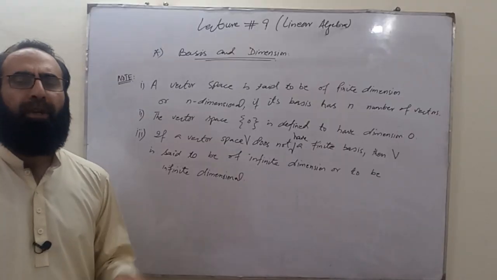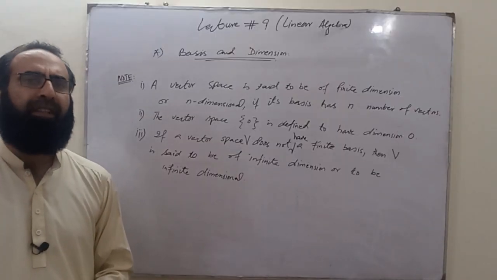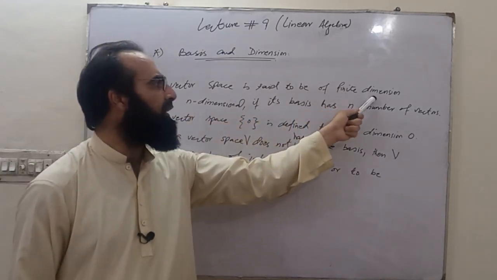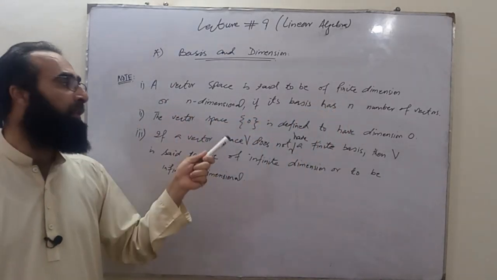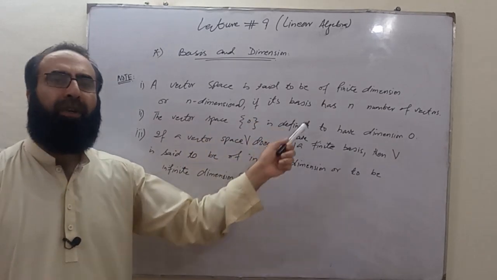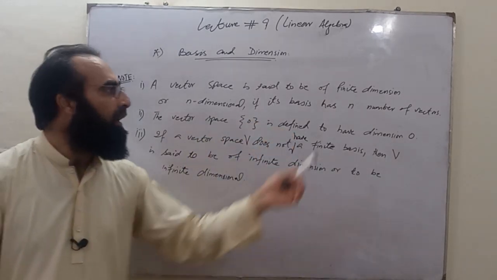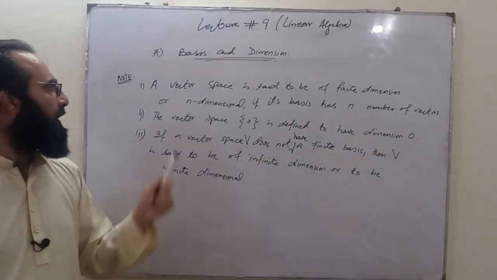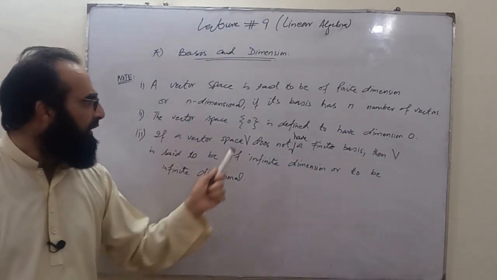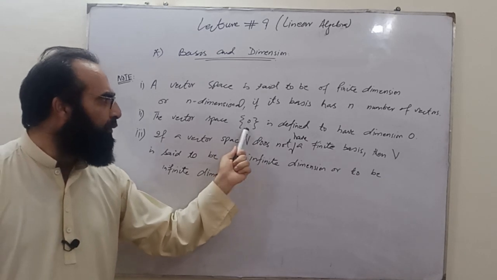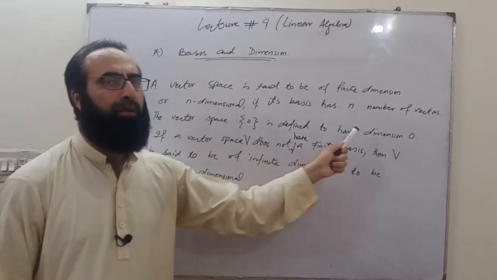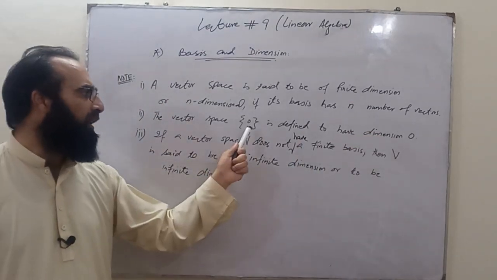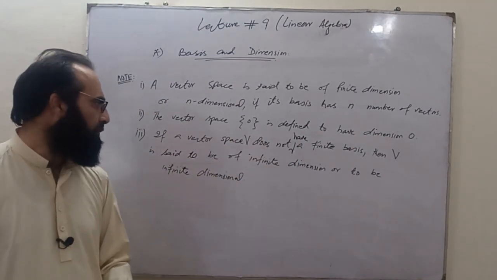Now these are the main points related to basis and dimension. Number one, a vector space is said to be finite dimensional or n-dimensional if the number of vectors in its basis is n. Number two, the vector space consisting of only a zero vector is defined to have dimension 0, meaning the dimension of this vector space will be 0.